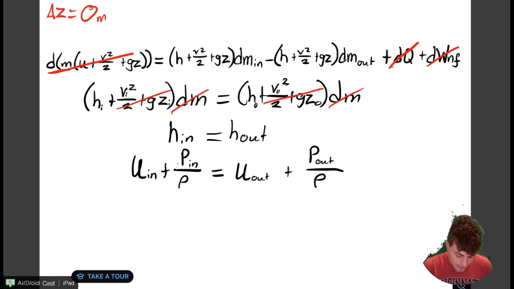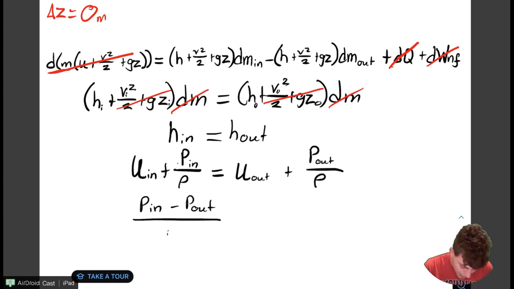Therefore, we can write that pressure in minus pressure out over rho, or our density, will be equal to our change in internal energy here.